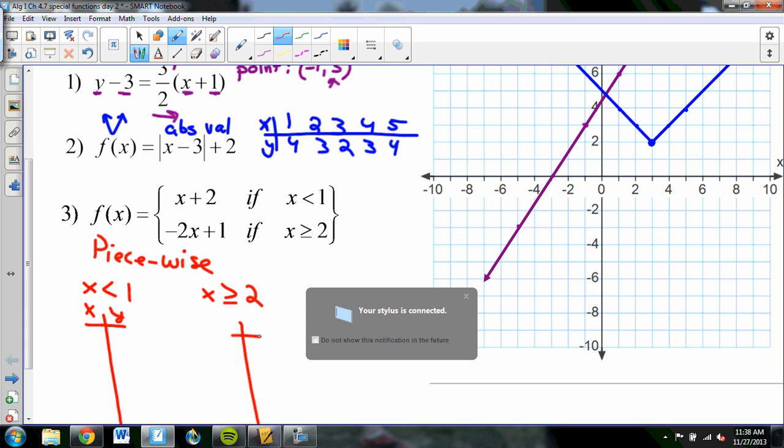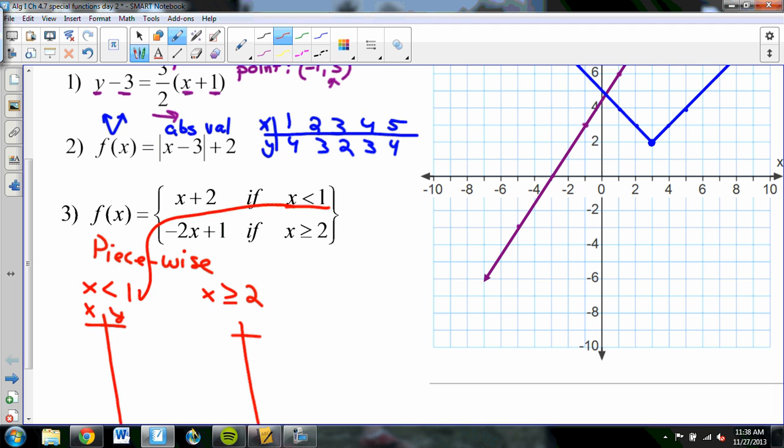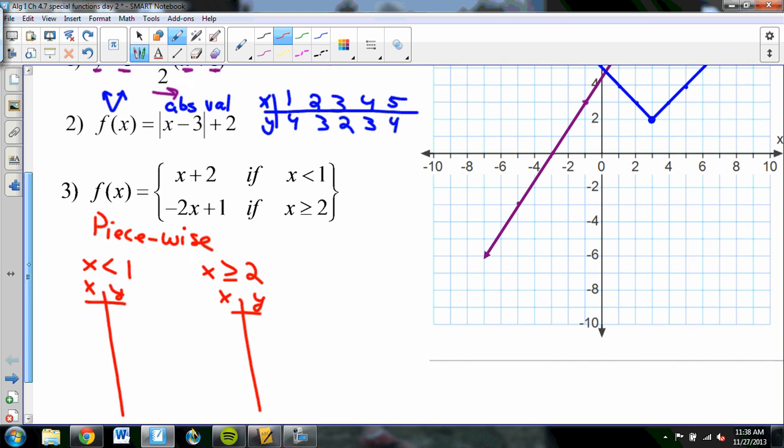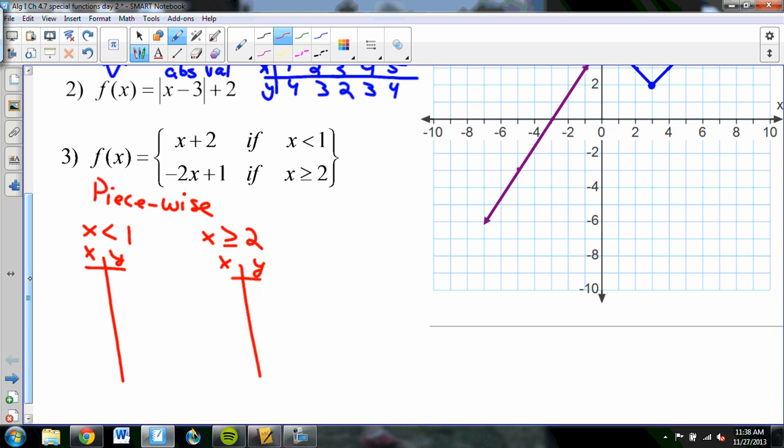2 tables. One table where x is less than 1, this table goes here. And one where x is greater than 2, this one goes here. I'm going to start with the 1. I'm going to plug in numbers that are less than 1, like 1, 0, -1. All of those numbers are less than 1.